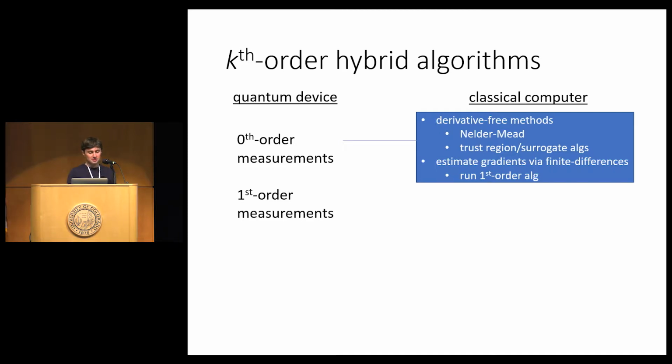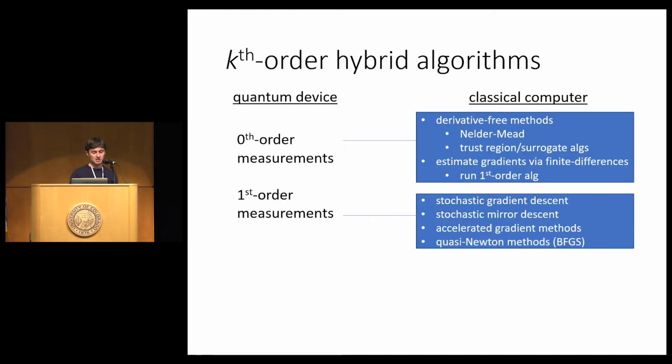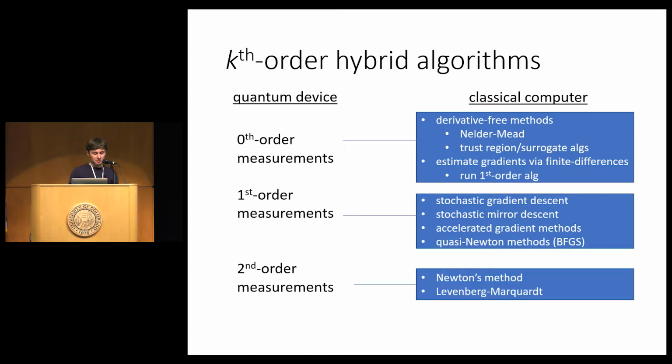Similarly, in the first order case, the quantum device uses a first order measurement strategy, which gets information about partial derivatives of the objective function. And then the classical computer runs some derivative-based optimization algorithm. We can generalize all of this to second and higher order measurements as well.